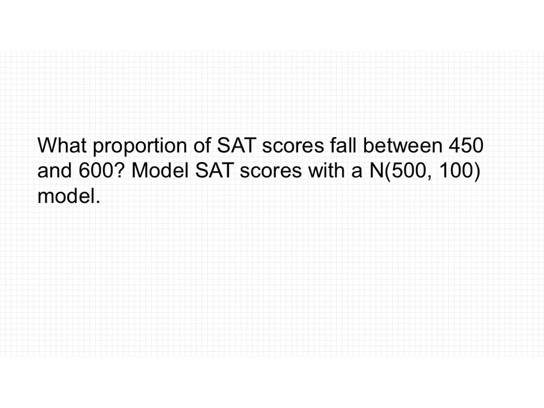We want to find what proportion of SAT scores fall between 450 and 600. Work through that, going through all the stuff we've done up until this point, and see if you can find an answer. And if you have any questions, I will be going over this on Tuesday and Wednesday and getting plenty of practice with this.